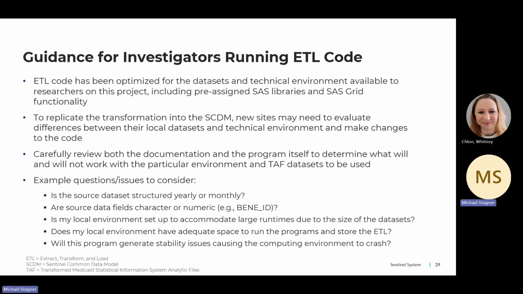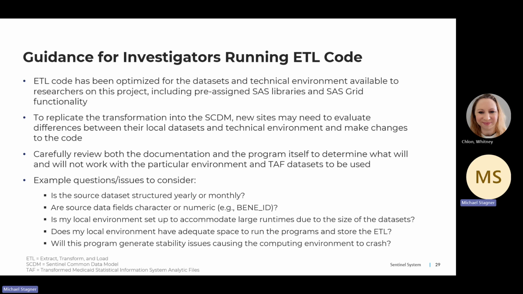So for someone who would want to download the code set from the Git repository and try running it, again, the guidance is that the code has been optimized specifically for this purpose: the 100% of the data and the resources available to us for this Sentinel project.